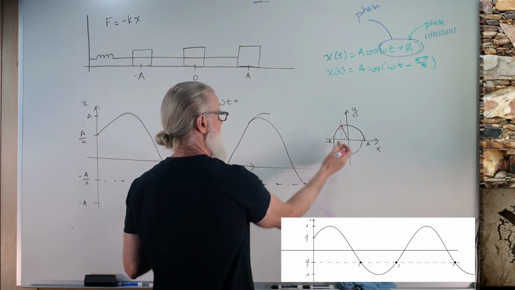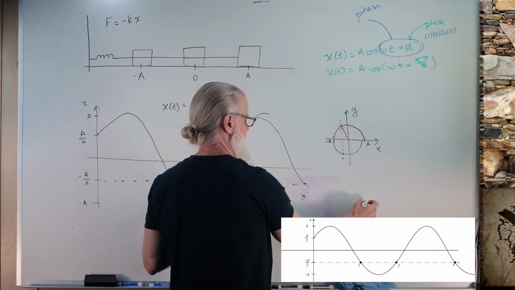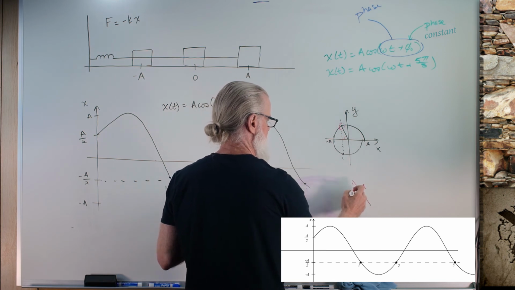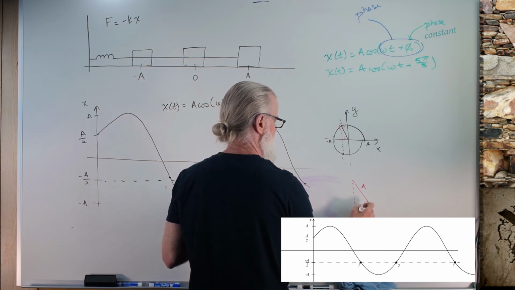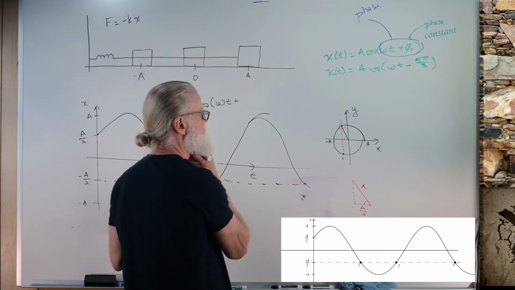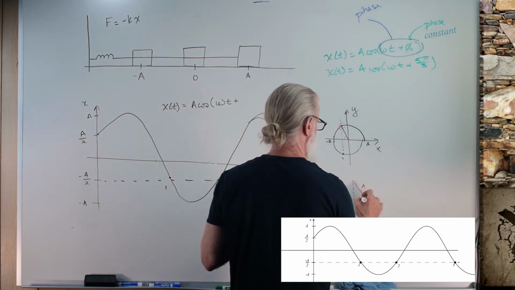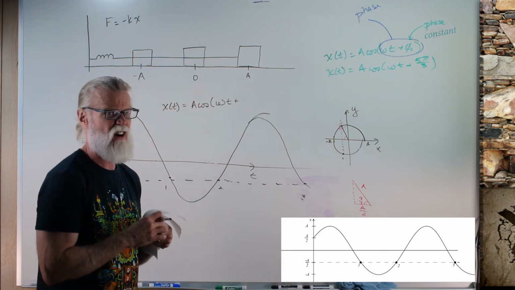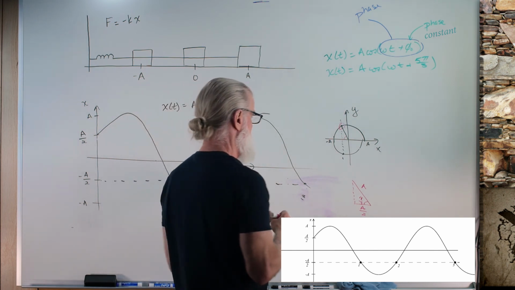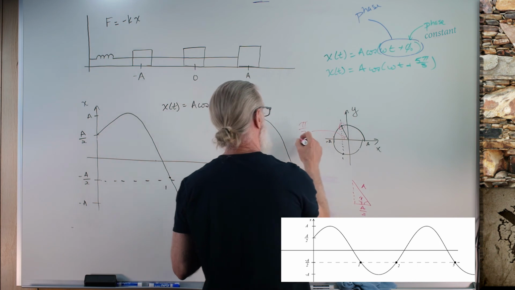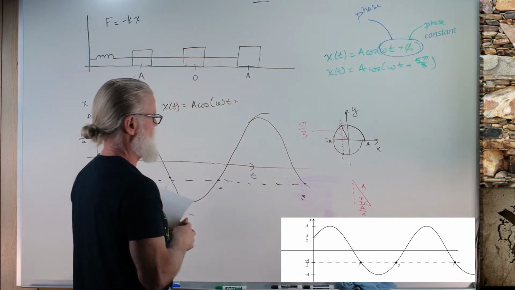If I'm getting 1/2 out of this angle, we've got a triangle with a hypotenuse of A. If I wanted to know that angle, I know that this is A over 2, so this angle must be, again, pi over 3, because that gives me a cosine of 1/2. So this angle there is pi over 3.